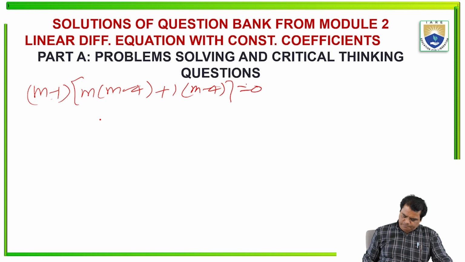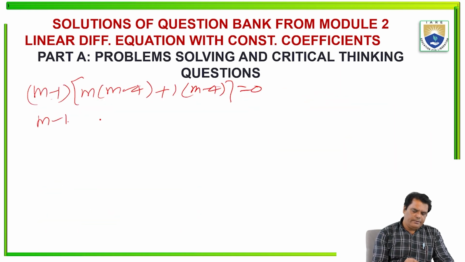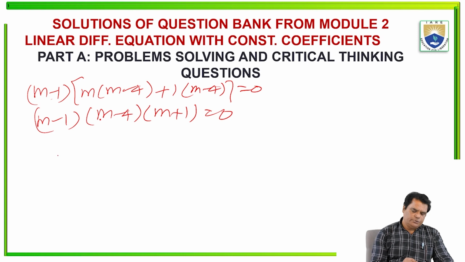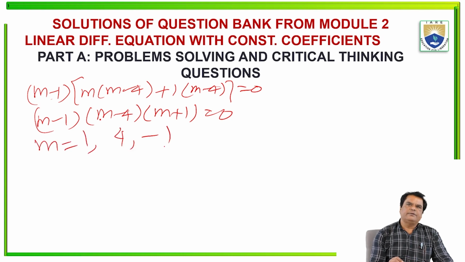This equals 0. So now m minus 1, m minus 4 and m plus 1 is equal to 0. So m equal to 1, 4, minus 1 are the roots.